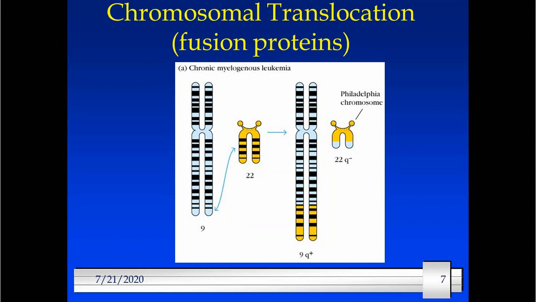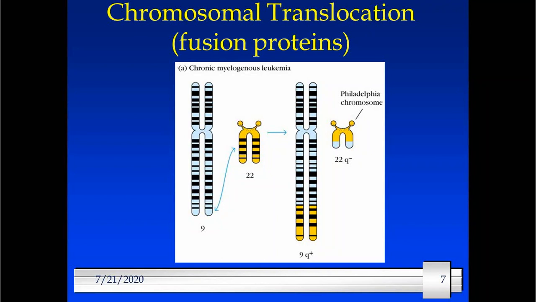Here is the example of CML, chronic myeloid leukemia, with the Philadelphia chromosome, which is the backbone of the diagnosis of the disease. The Philadelphia chromosome is a translocation between chromosome 9 and chromosome 22, and we have this figure shown by the karyotyping assay, as we will see in the laboratory of the tumor markers.